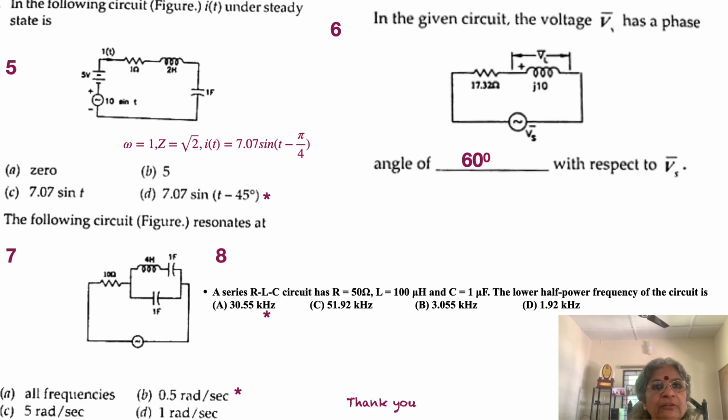Finally, once you have the combination, set the imaginary part equal to 0, because that's when you have resonance, which gives only a resistive content.